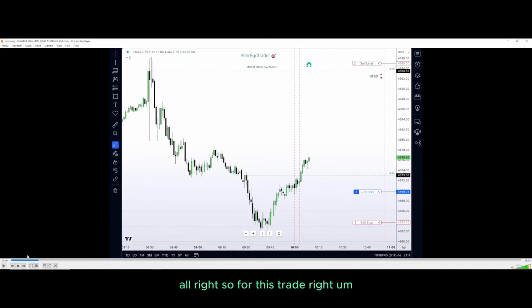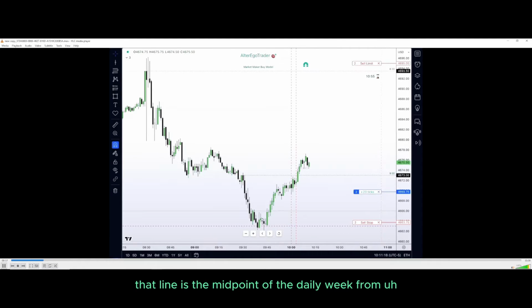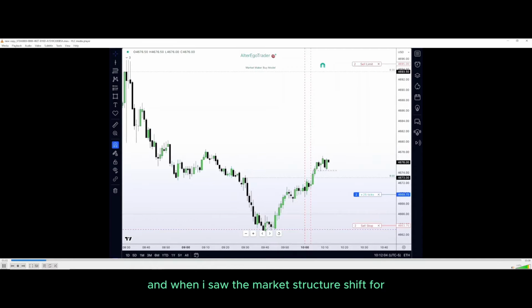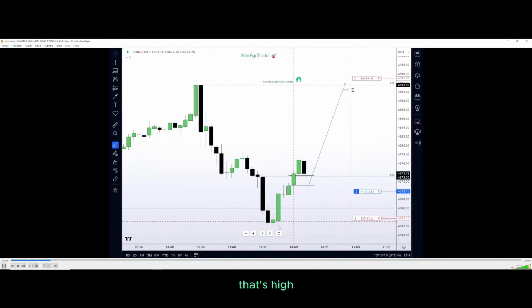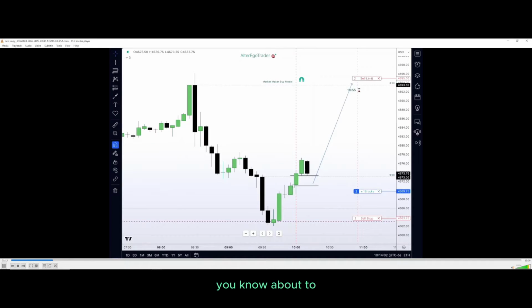All right, so for this trade, I had a higher time frame PD array, the higher time frame discount array, and that dashed line you see is the midpoint of the daily wick from the previous day's wick, right? And when I saw the market structure shift right after this turtle soup down here, breaking that high, that was my confirmation that price is about to start going higher.